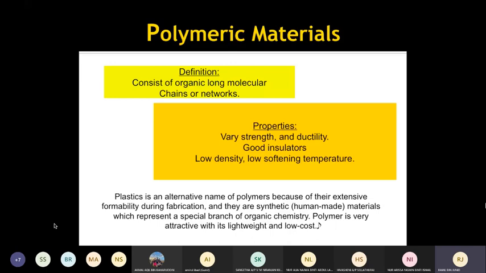Each engineering material will have one chapter specific for it. But for chapter 1, we just go at a glance. We just give a brief introduction about what polymer, what metal, and so on.